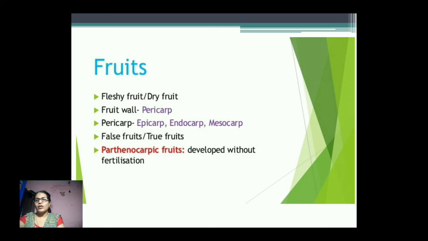Some fruits are known as false fruits and some as true fruits. If true seeds are present, it is known as true fruits, and where parthenocarpic fruits are formed without fertilization, they are known as false fruits.